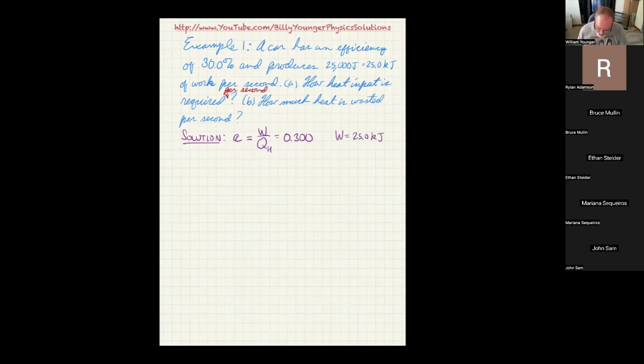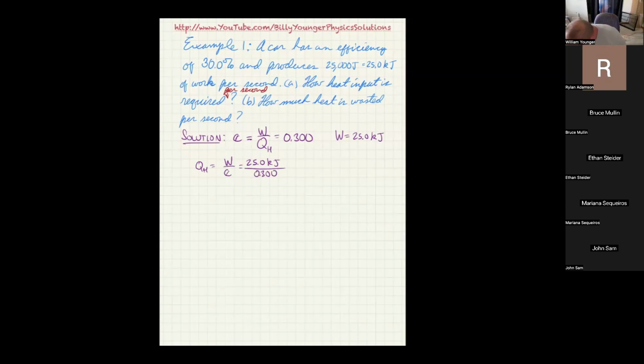Okay. So we can now solve for QH by saying QH is actually going to be equal to W over the efficiency. Well, the work is 25.0 kilojoules per second, and the efficiency is 0.300.